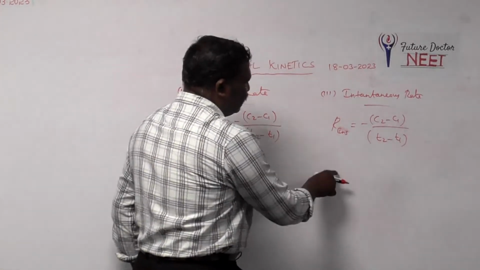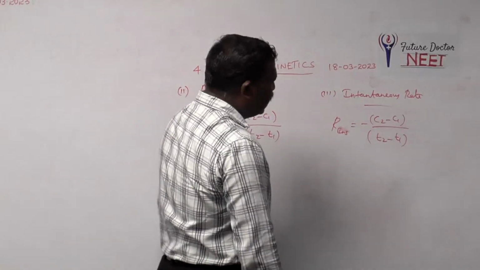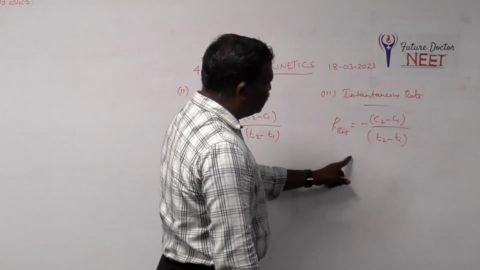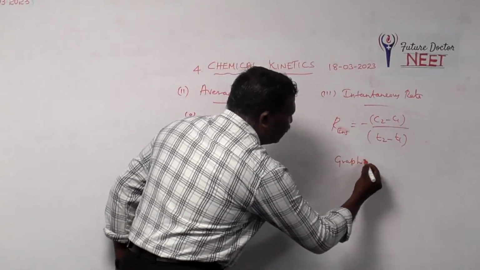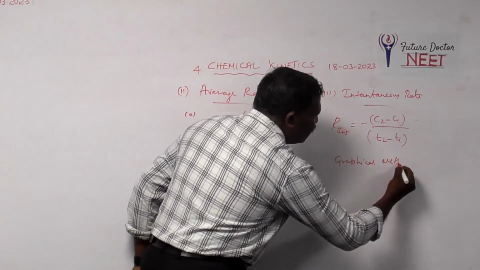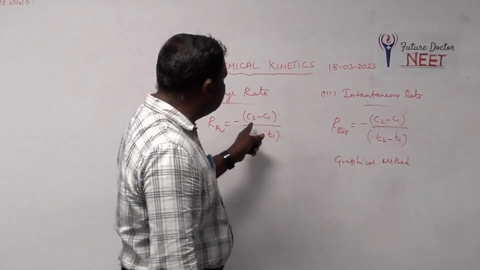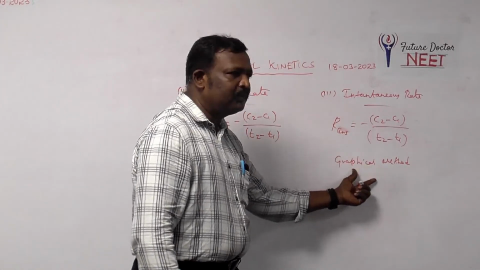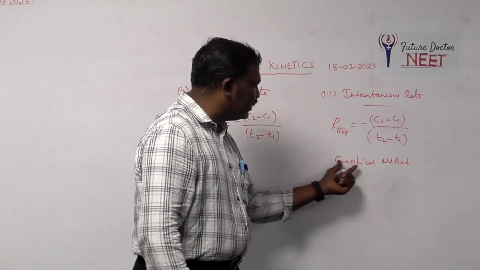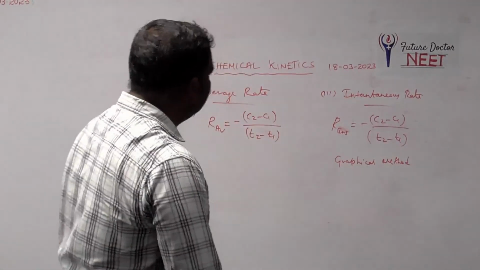You just write after that: it is calculated by graphical method. All these values they will give, but here the values we are getting only from a graph. Then only it is calculated by the graphical method. That mention is enough.